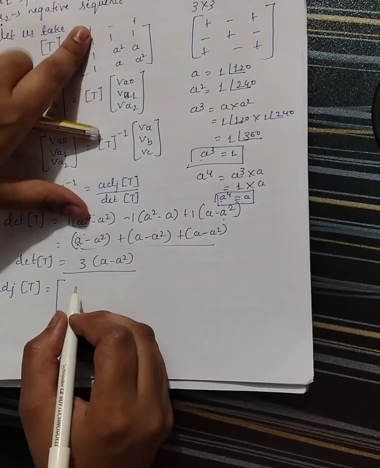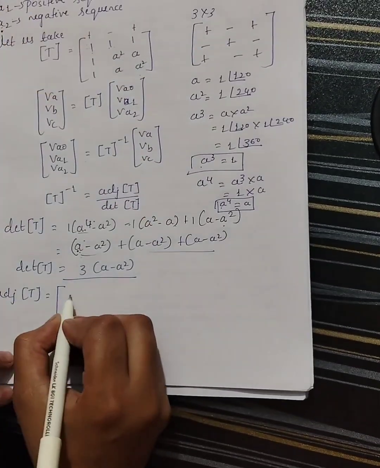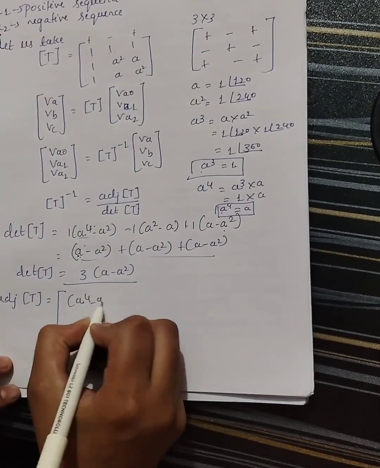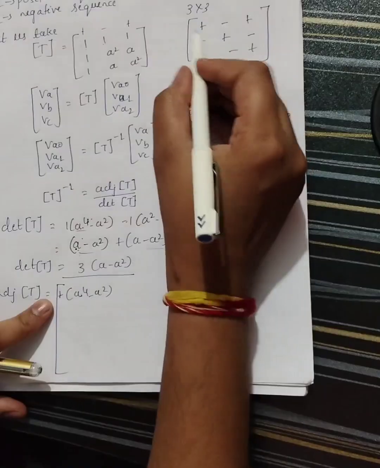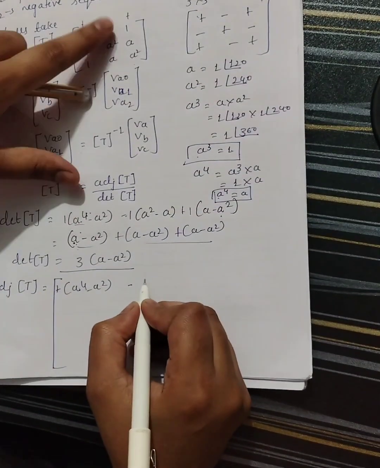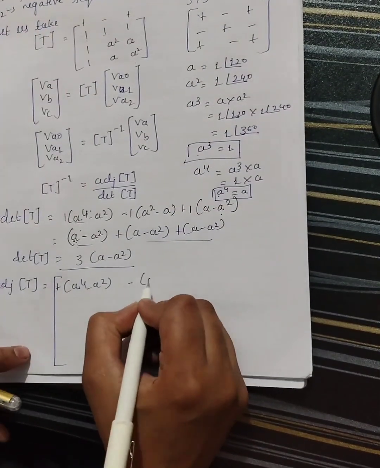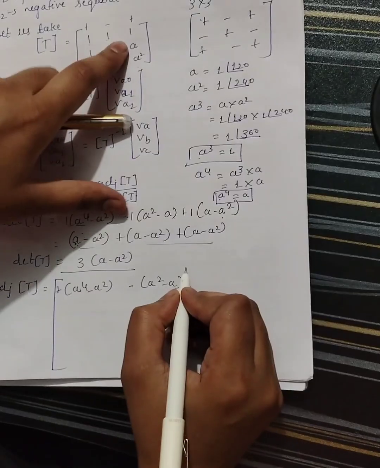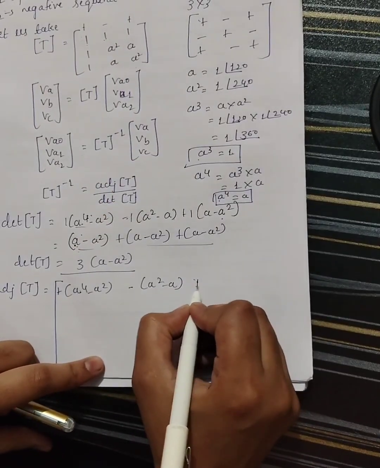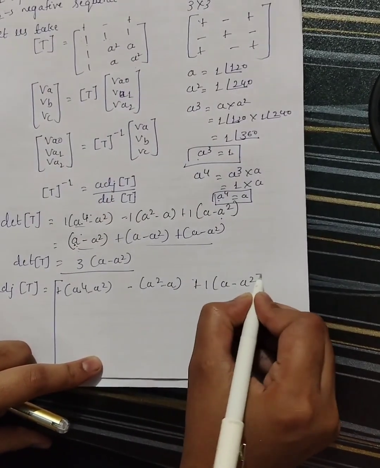If you eliminate the first column and the first row, we get a⁴ minus a², plus should be there here, and again here minus. For the next we get a² minus a. For the third, we get plus 1 into (a minus a²).